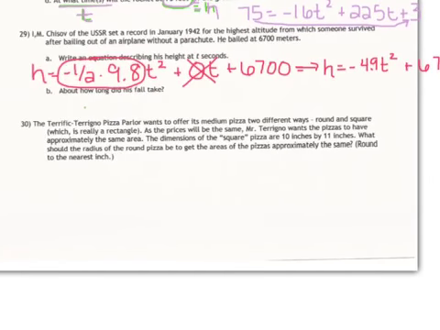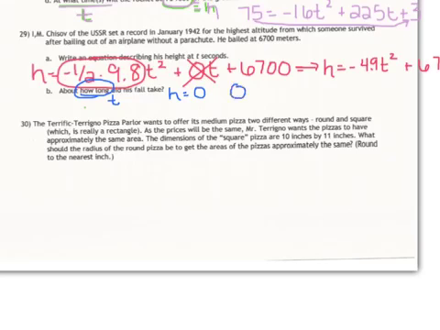Well, if he fell all the way to the ground, that would mean that I'm looking for the time, because it's asking how long, so I want to know the time when the height is equal to 0. Okay, because if I want to know how long until he landed on the ground, at the ground level, my height is 0. So I'm going to put a 0 in for h and try to solve for t.